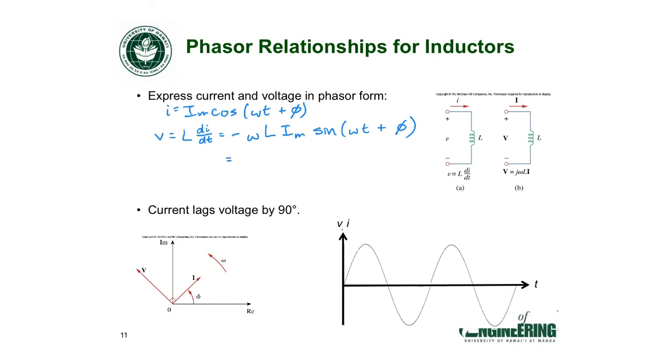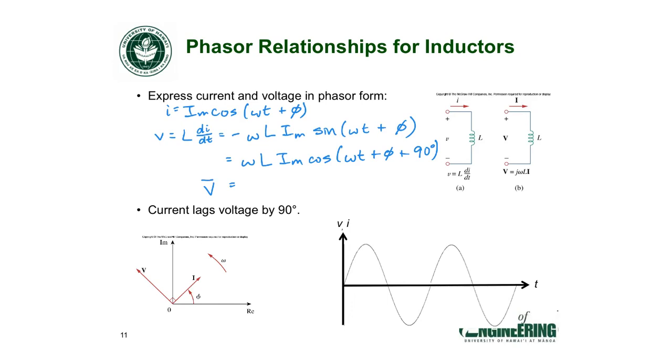Or using some trig identities, I can rewrite this as omega times L, put the cosine back, but we have to add some phase of 90 degrees. That's the trig identity.